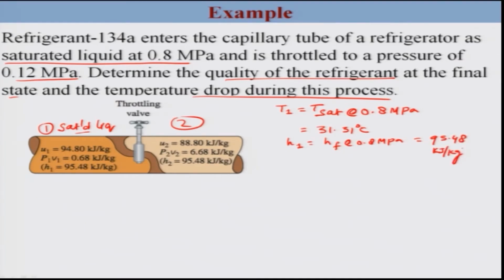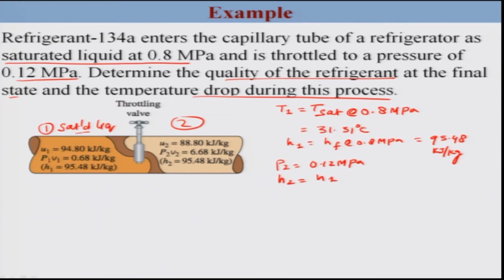Now, what about your P2? What about the condition at 2 here? Because the question being asked is the quality, which means there is some change in the state. So, let us look at whether there is some vaporization during this process. P2 is 0.12 megapascal, and H2 is nothing but H1.